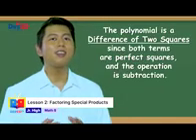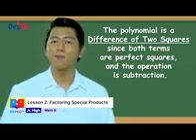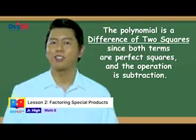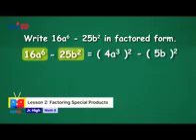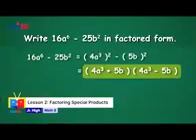The polynomial is a difference of two squares, since both terms are perfect squares. And the operation is subtraction. Hence, 16a raised to 6 minus 25b squared is equal to the quantity of 4a cubed plus 5b times the quantity of 4a cubed minus 5b.